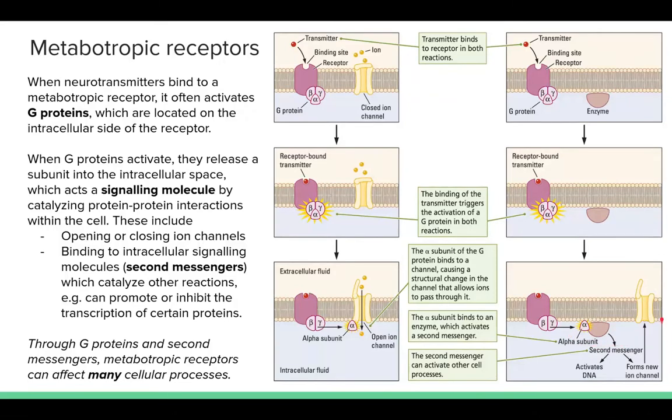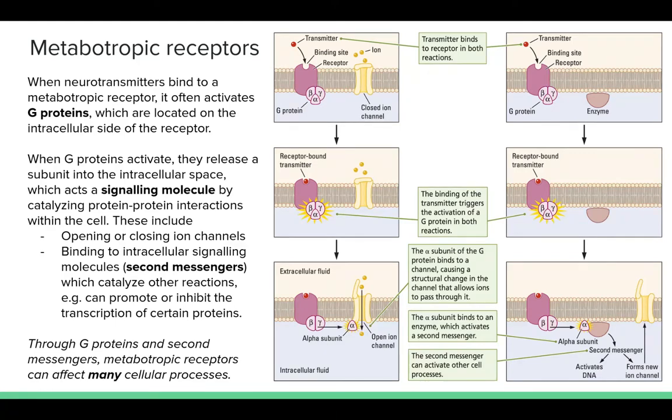But instead of going and acting directly on an ion channel, that subunit will activate or phosphorylate yet another enzyme that lives within the cell. And the activation of that enzyme, so hopefully you remember this from your basic molecular biology, can initiate a cascade, a sequence of second messenger protein-protein interactions.